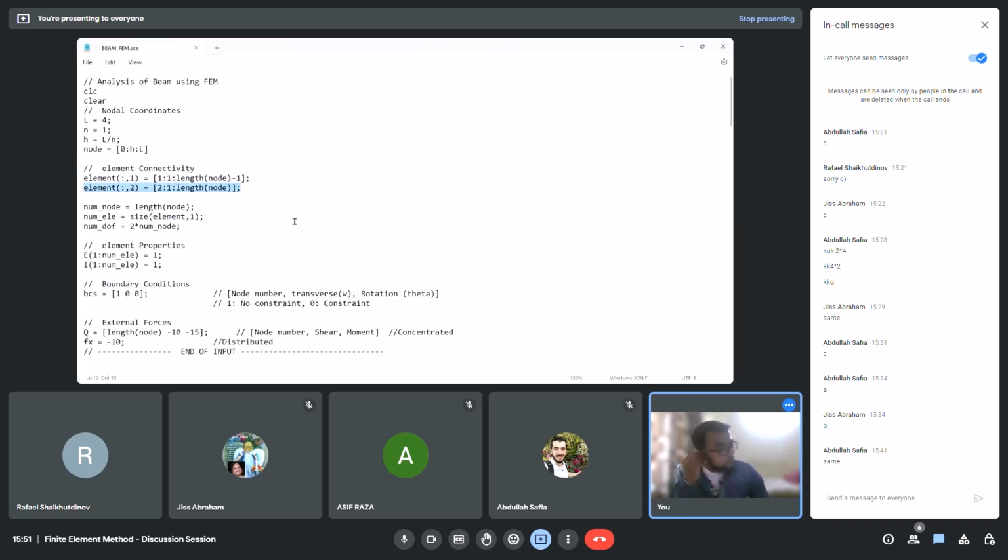These both lines are giving me element coordinates, right?